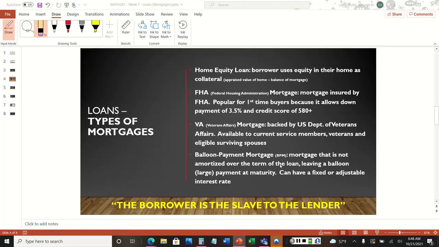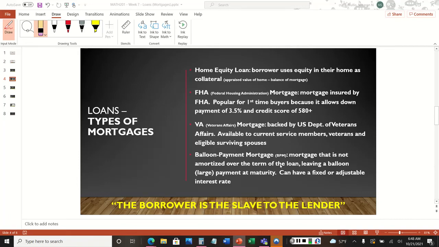The next type of mortgage or loan that we'll discuss is the FHA mortgage. FHA stands for Federal Housing Administration, and that's a mortgage that's insured by the Federal Housing Administration. It's a governmental body.